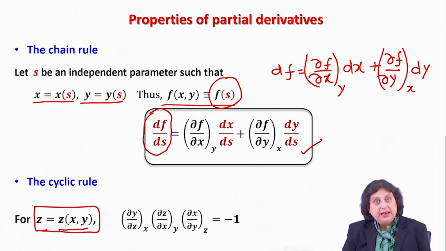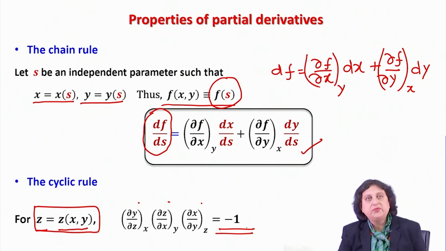If that is so, and if I can define the partial derivatives that are shown over here, in that case I can always write that ∂y/∂z, keeping the third variable constant, and all possible such combinations such that all of them come once in the numerator and once in the denominator, the result is going to be -1. So these two rules are relationships that we use very frequently in thermodynamics.